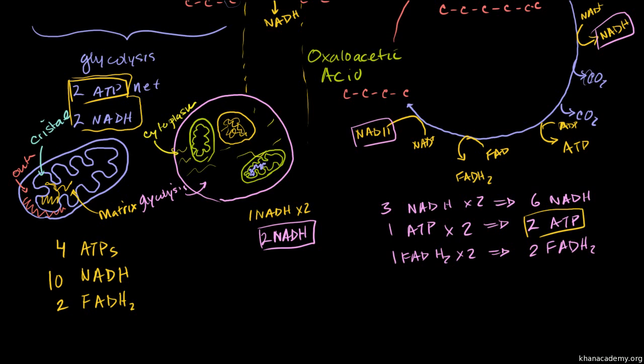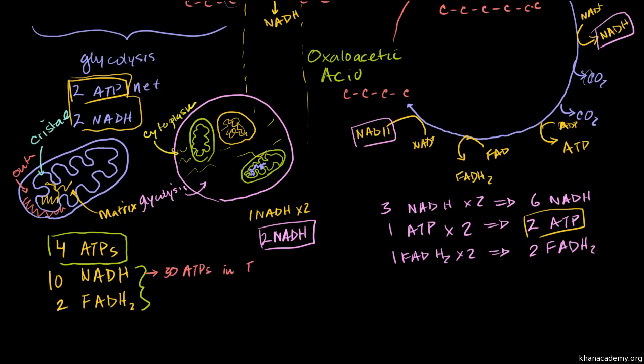So you might say, hey, where's our 38 ATPs? We only have 4 ATPs right now. But these are actually the inputs in the electron transport chain. These molecules right here get oxidized in the electron transport chain. Every NADH in the electron transport chain produces 3 ATPs. So these 10 NADHs are going to produce 30 ATPs.